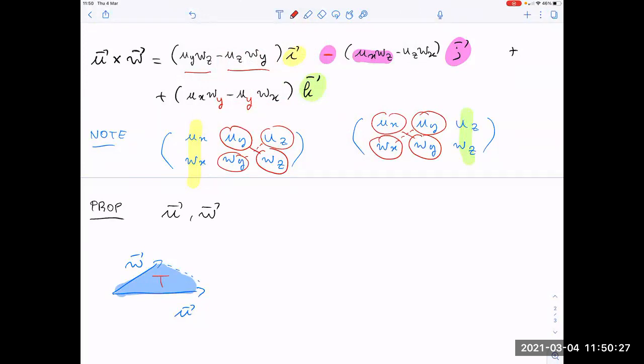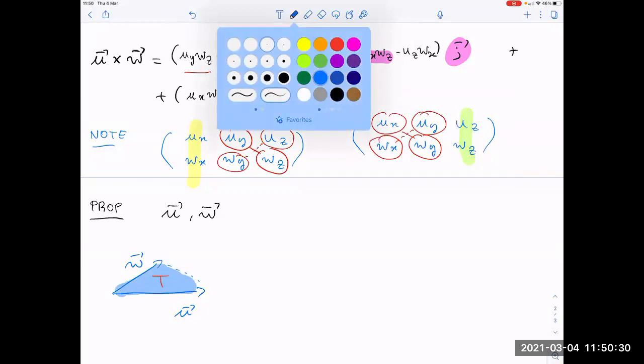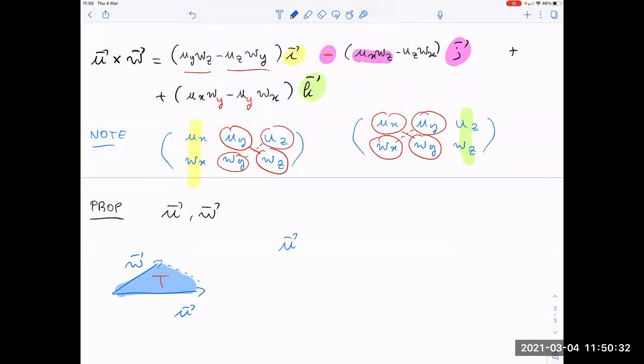Well, what happens if I compute the cross product of U and W? This is a vector, so I can take its magnitude, and this is a number.